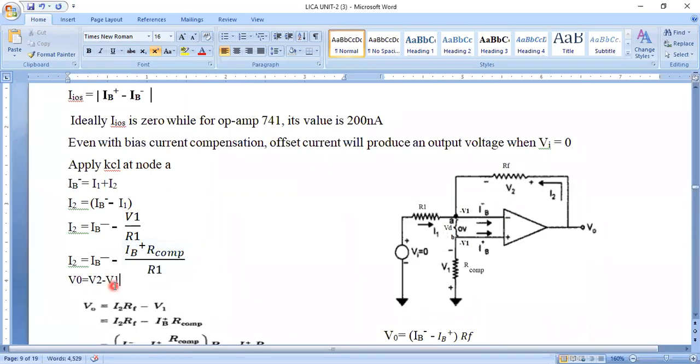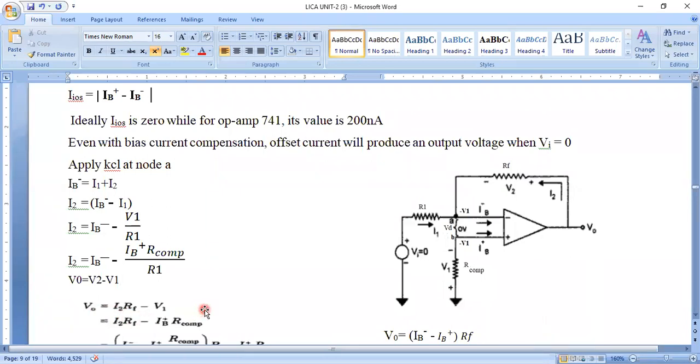We described the drop across V1, that is IB plus into R compensation. Similarly, the drop across V2 is I2, the current flowing in the feedback resistance, into RF. So V2 is equal to I2 into RF. Finally, V0 is equal to I2 into RF minus V1.